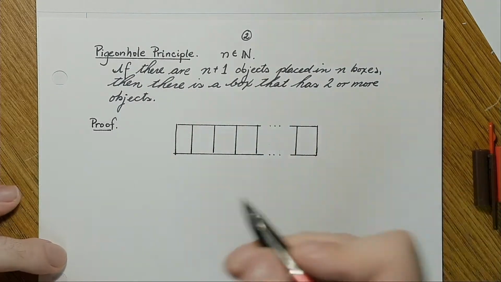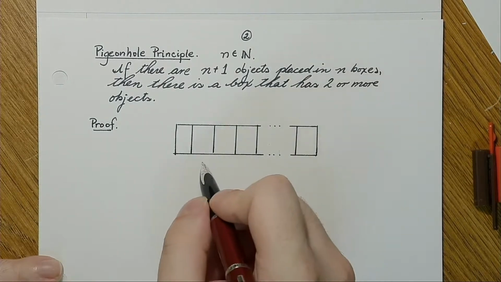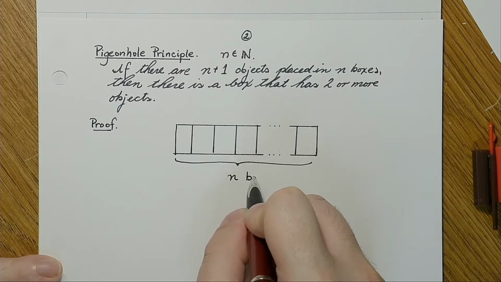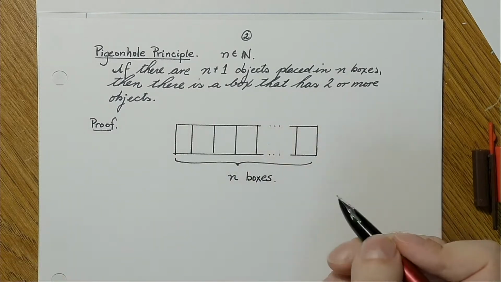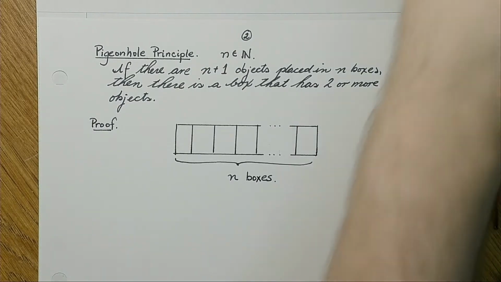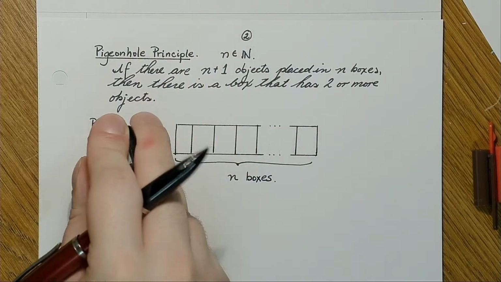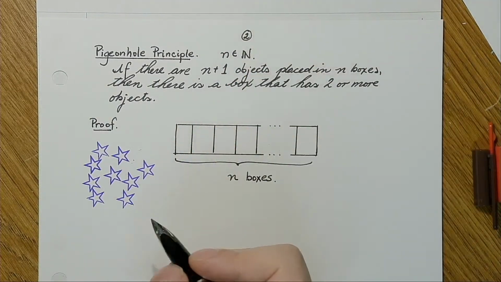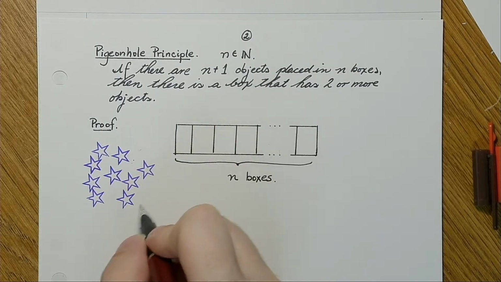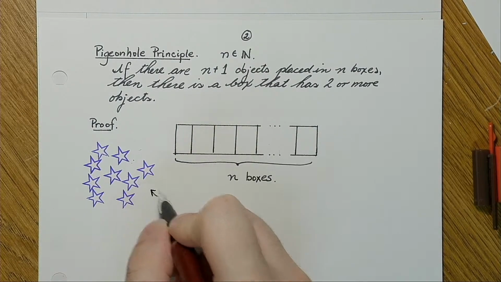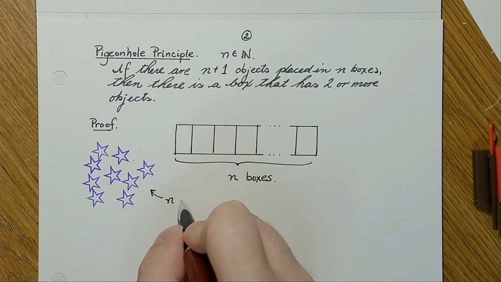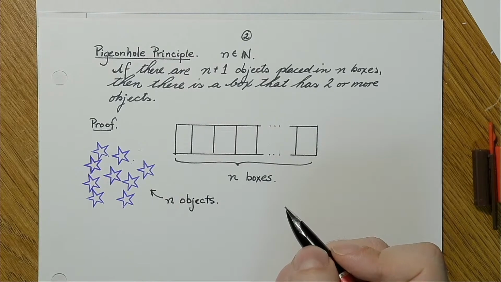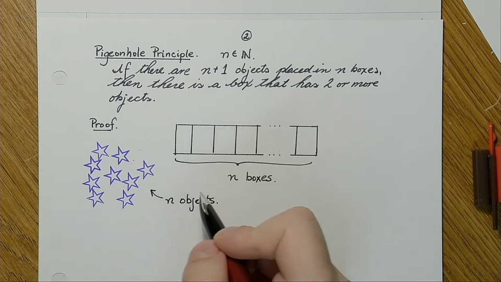Let's say that I have n boxes, and let's say that I have n objects. Then we can fill each box with one object.